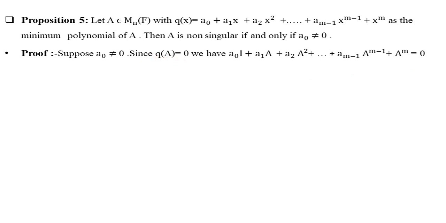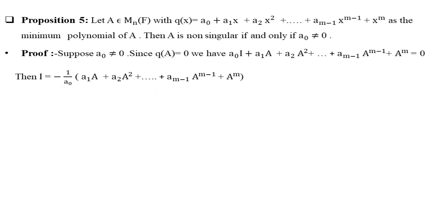Okay. Next, then we can write I as. See here, a0 I can be written as minus of all these elements. Then I can be written as minus 1 by a0 of a1A plus a2A square plus etc. Last term A power m.